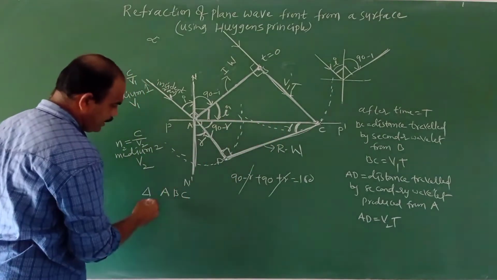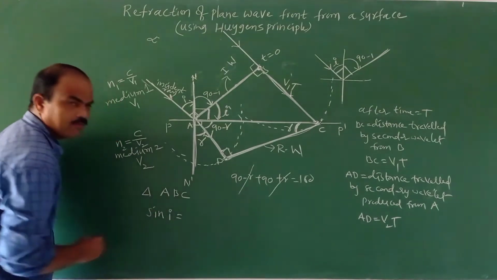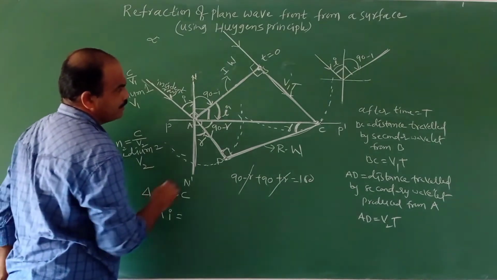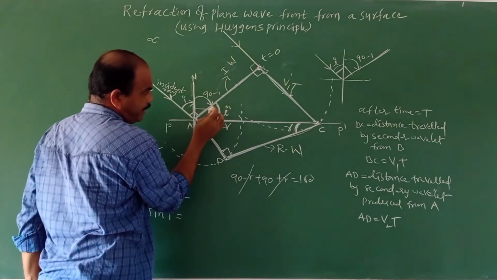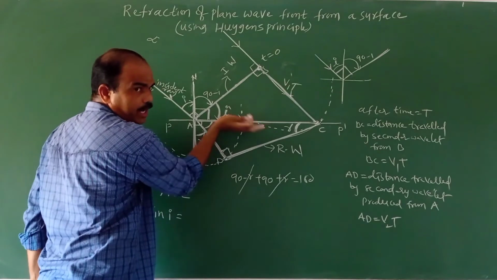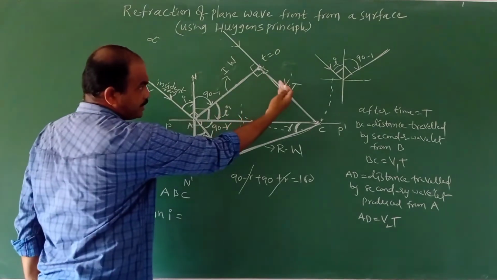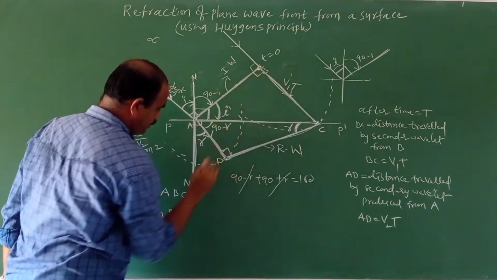So in the triangle ABC I am going to calculate sine i. Sine theta is the ratio of the opposite side to the hypotenuse. What is the opposite side here? BC.